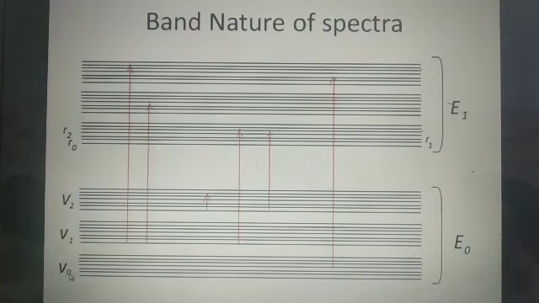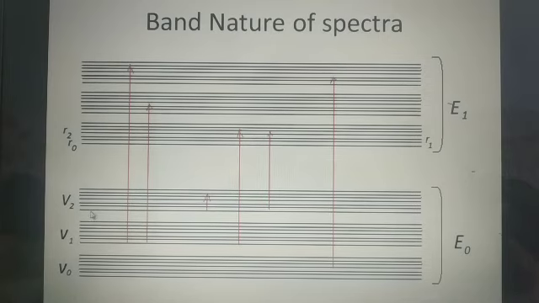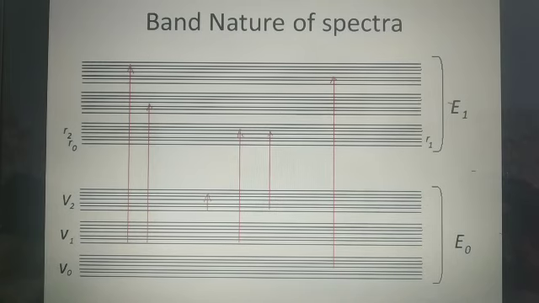So here V0, V1, V2 are the various vibrational levels, and each vibrational level is again composed of various rotational lines. Means the electronic level contains vibrational levels and each vibrational level contains rotational levels.